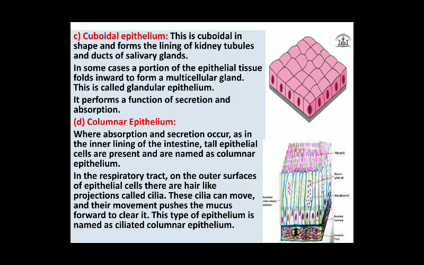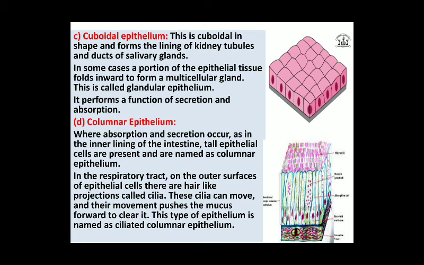So this columnar epithelium will be columns. Okay, so these tissues form a cylindrical kind of shape, like a standing pipe, vertical. In the same way, these columnar cells are nothing but tall cylindrical cells.